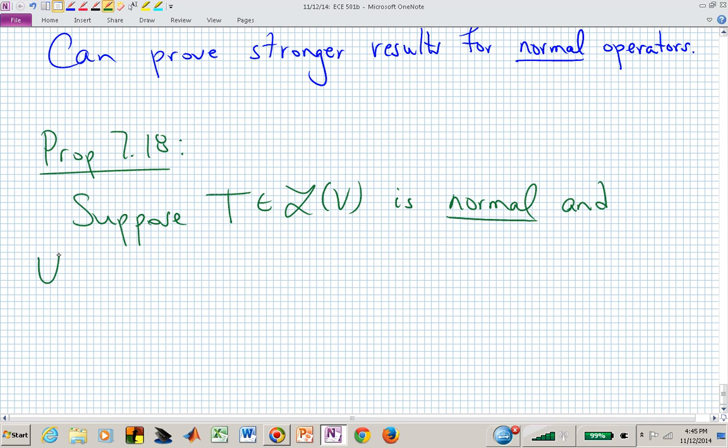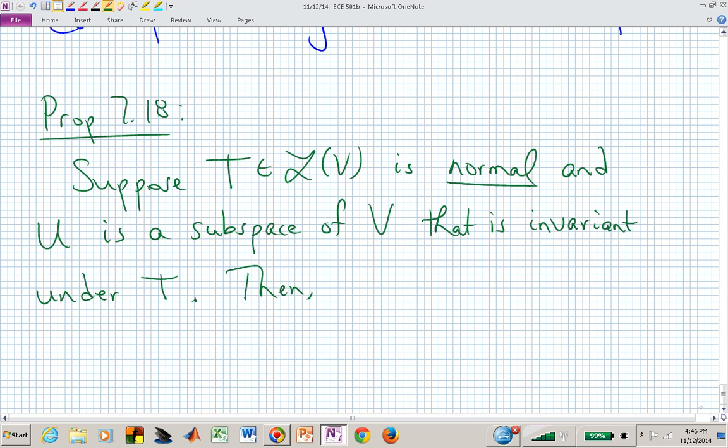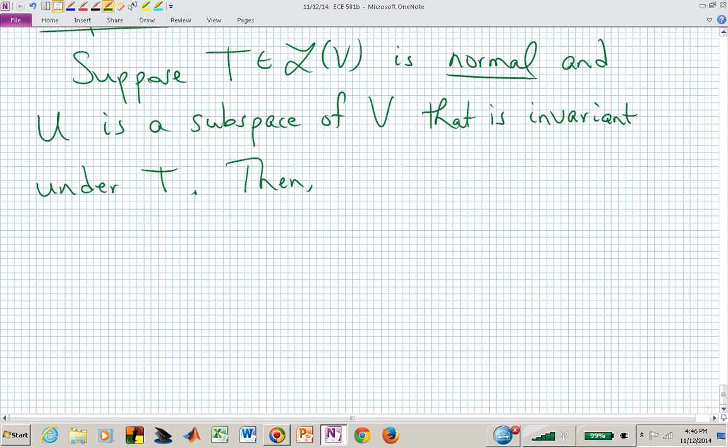And suppose U is a subspace of V that is invariant under T. Then we have several equivalent statements that can be made.